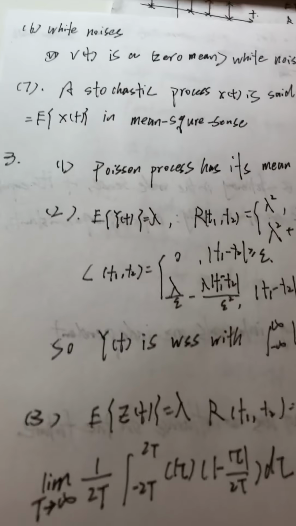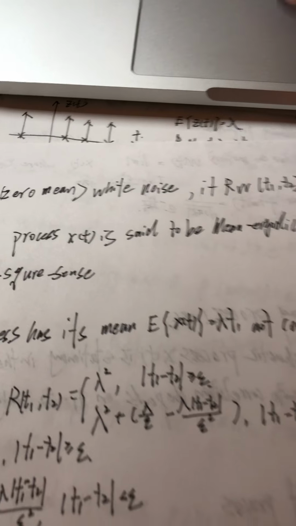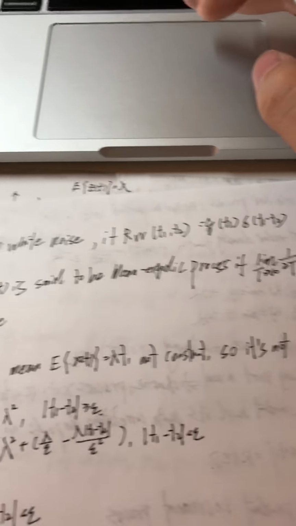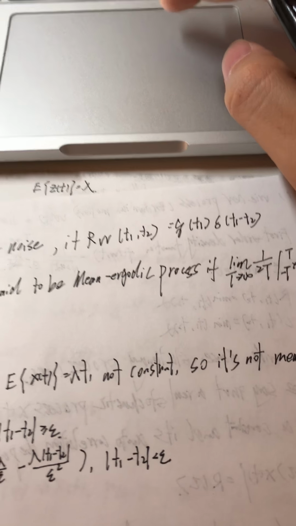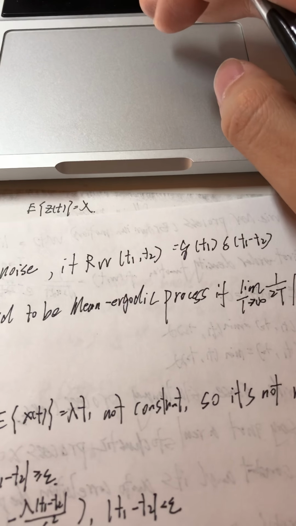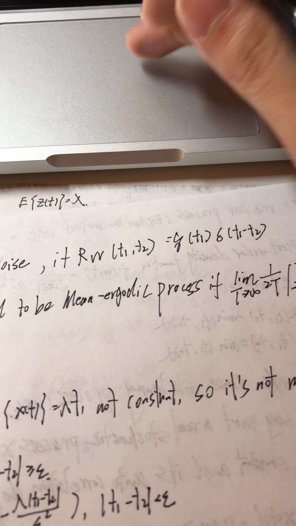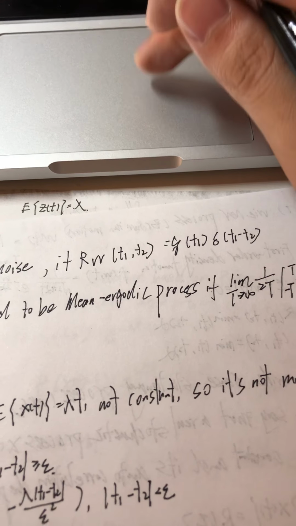And the sixth one is white noise. We know that v(t) is a zero mean white noise if R_vv(t1, t2) equals q(t1) multiplied by delta(t1 minus t2).